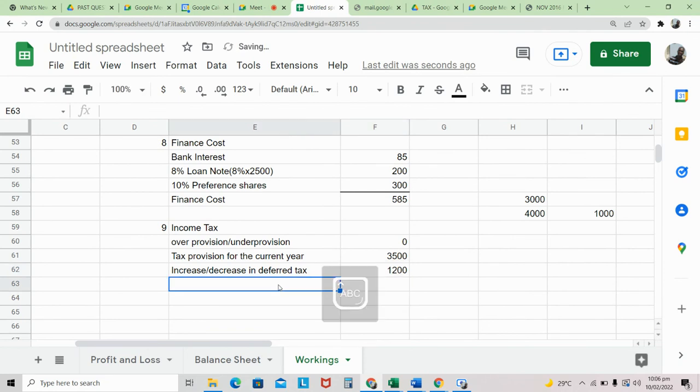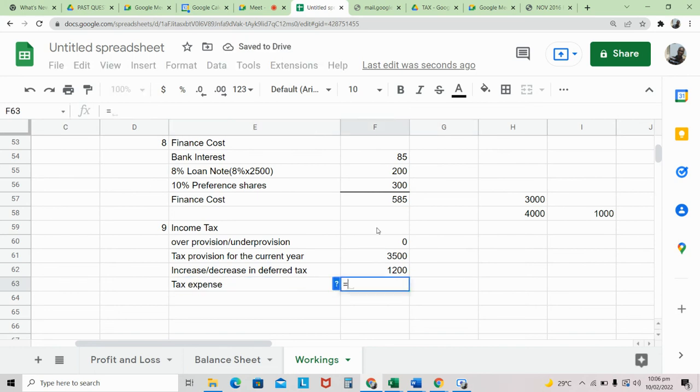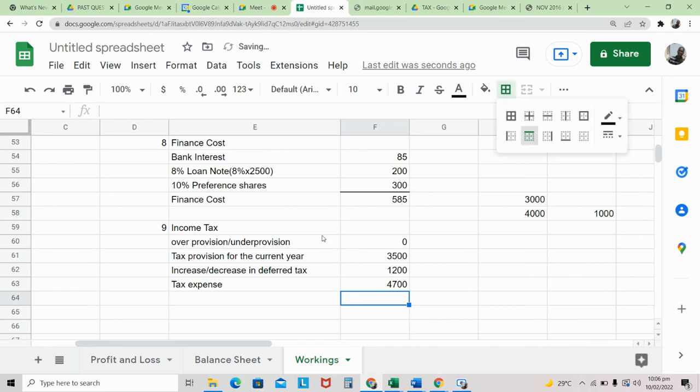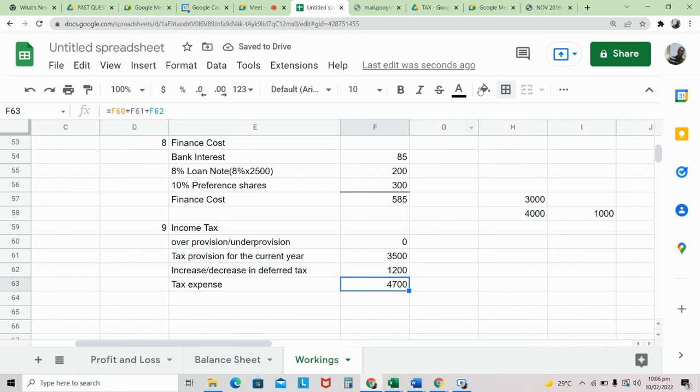So the tax expense for the year will now be this plus this plus this, 4,700. And always remember that tax will come in every question you do, so you have to master how to calculate this.